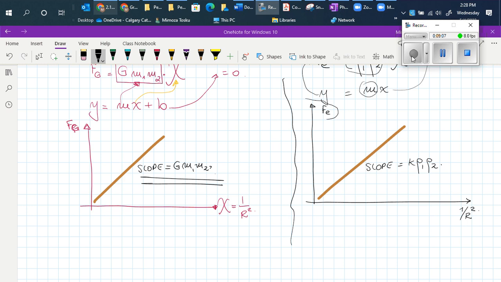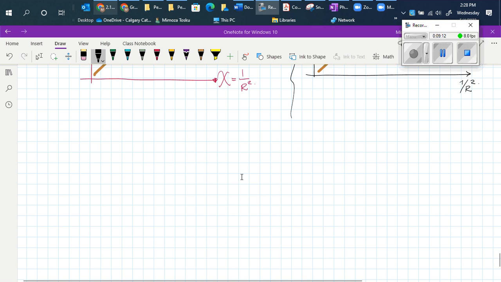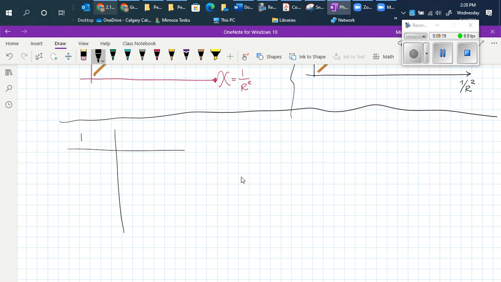So if we have data given, usually the information given is something like the distance in meters and the electrostatic force in newtons. Then, in order to have a straight line, you will create 2 more columns. You may create only 1, but 2 more will be fine.